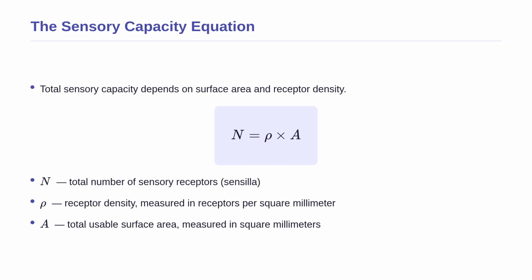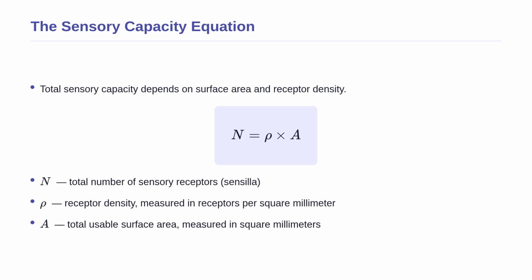To truly appreciate why these different shapes exist, we need to look at the mathematics of sensory detection. The total sensory power of an insect depends on how many receptors it can pack onto its antenna. This brings us to a simple but powerful formula. N = ρA. Here, N represents the total number of sensory receptors, or sensilla.